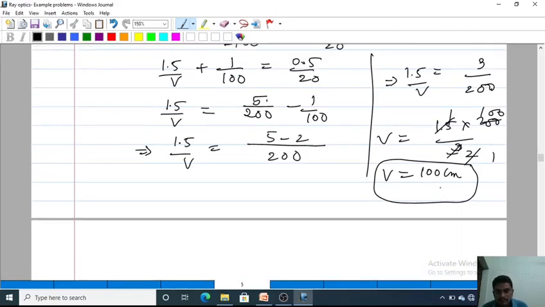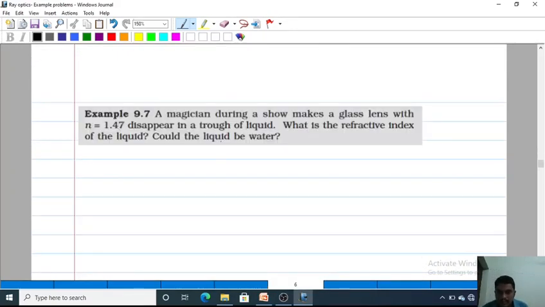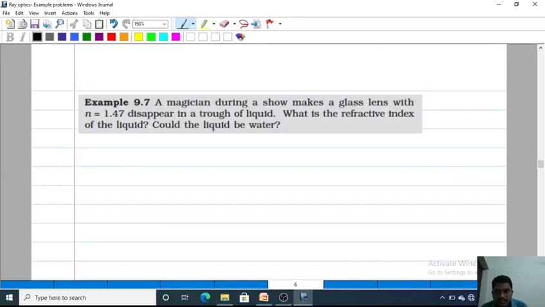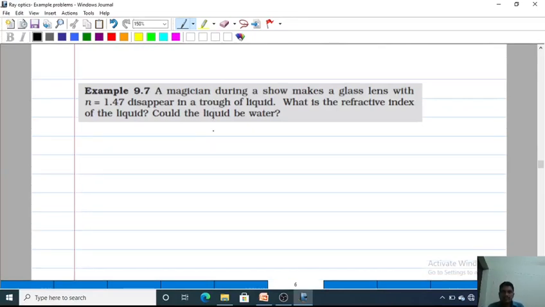Okay, so the next problem is: a musician during a show makes a glass lens with a refractive index of n equals 1.47 disappear in a liquid. What is the refractive index of the liquid?